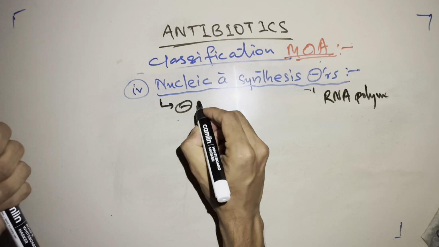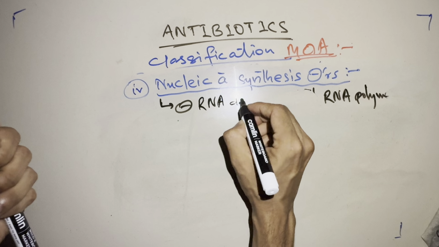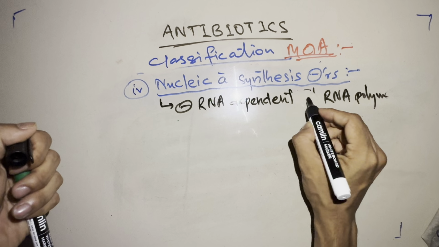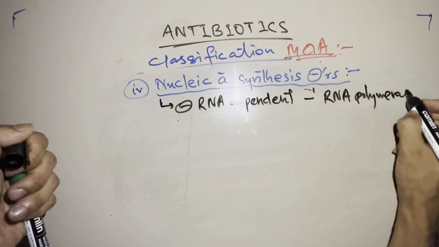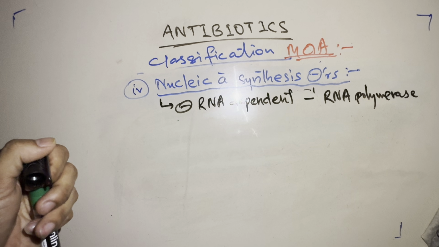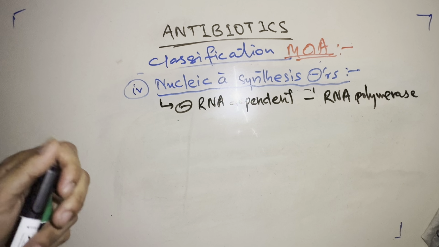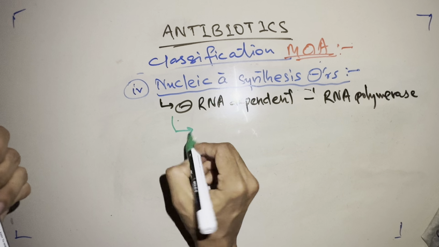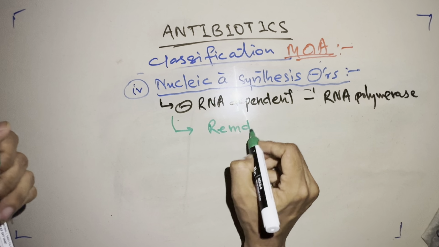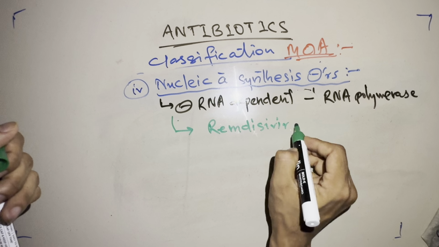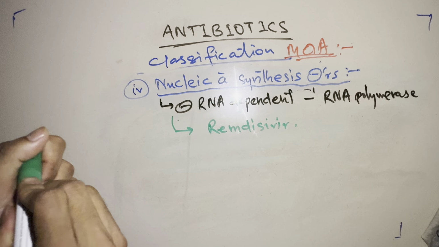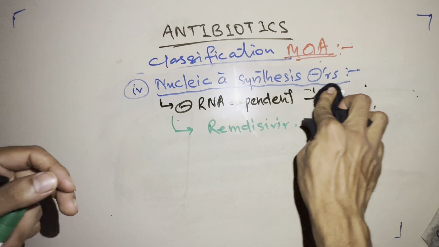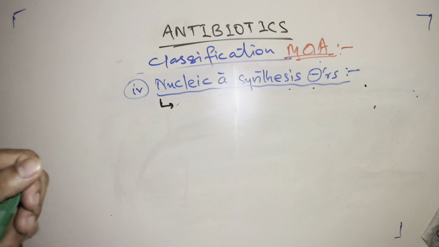For RNA dependent RNA polymerase, what are the examples? There is only one, that is remdesivir. Okay, remdesivir. Next, by using DNA polymerase enzyme inhibitors.